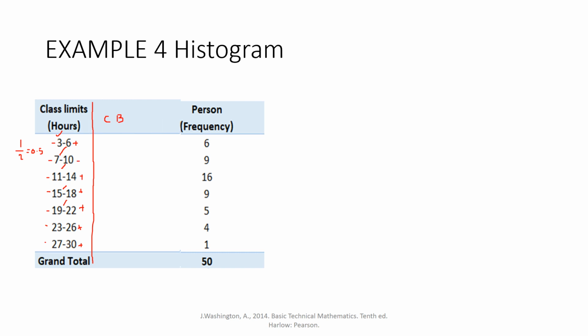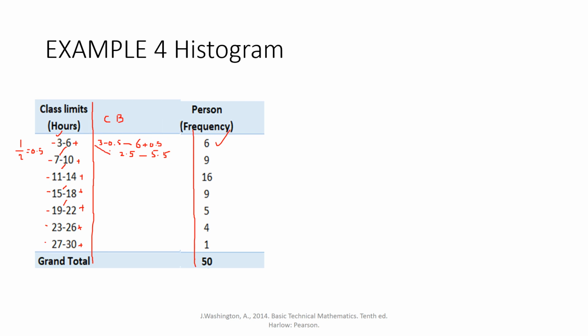So if we subtract, 3 minus 0.5 is 2.5, dash, and 6 plus 0.5 is 5.5, and the same frequency what we got in the frequency distribution, we are not disturbing it.